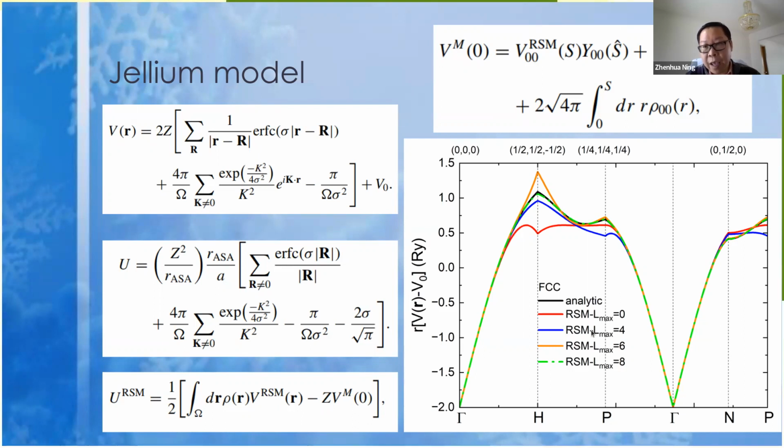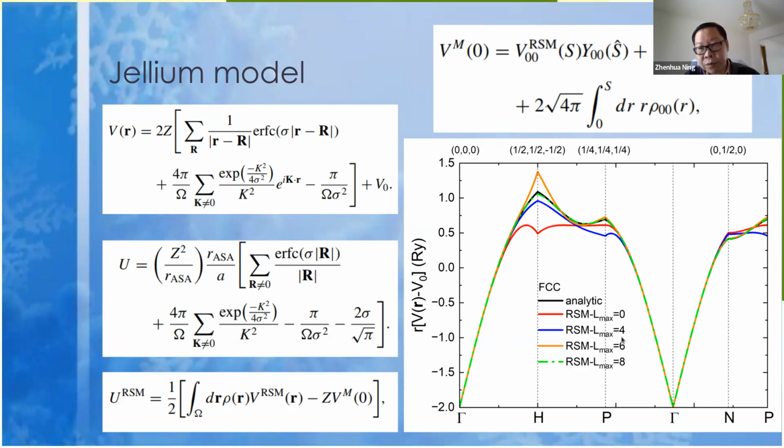I plotted the FCC Jellium model in this picture. The black line is the analytical result. I plotted my RSM result with different Lmax. For Lmax equal to 0, this is the red line. It deviates from the analytical result.